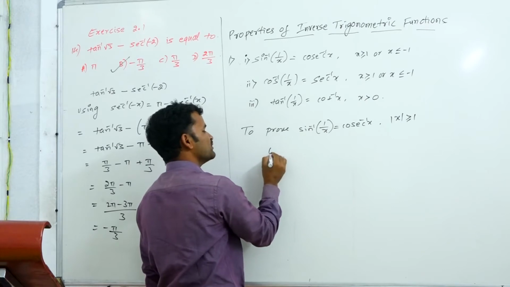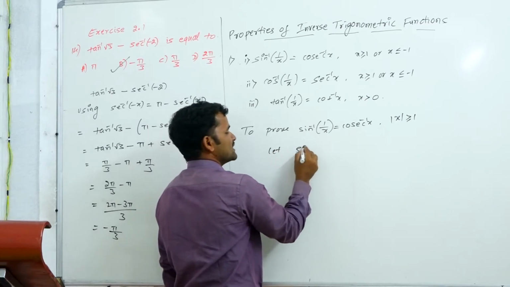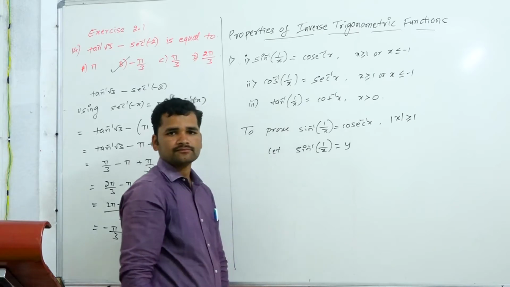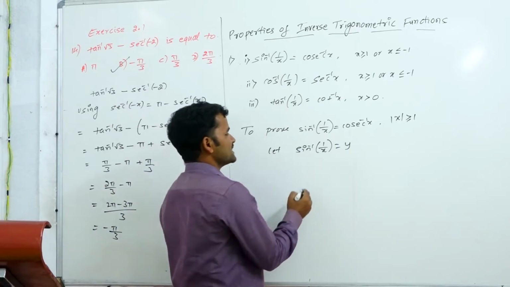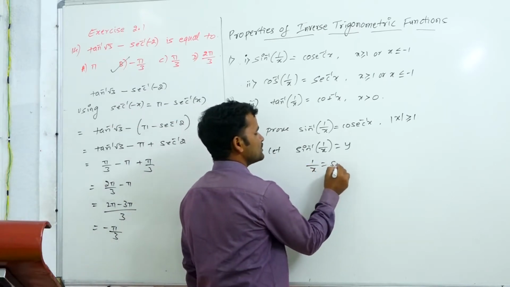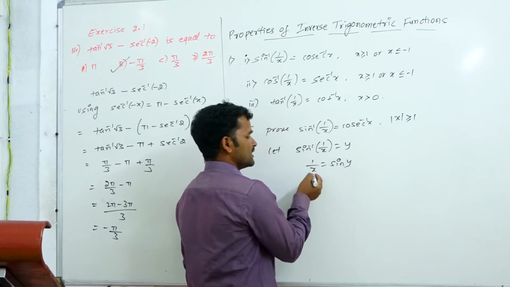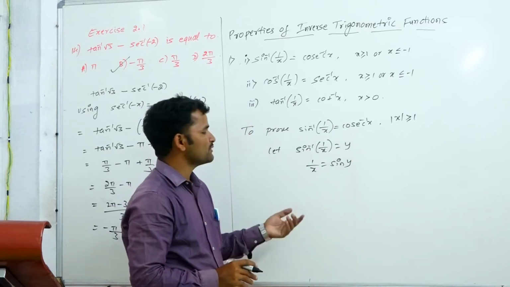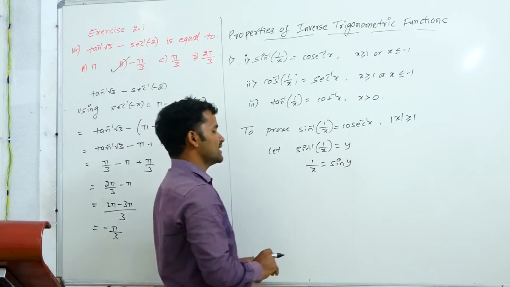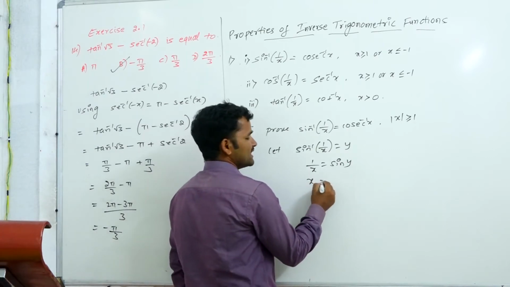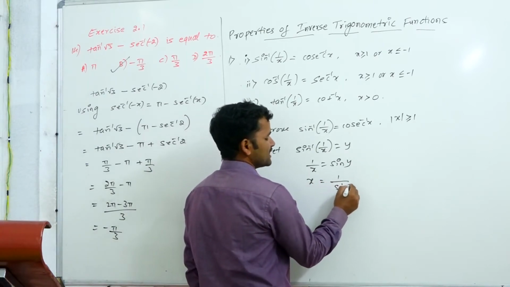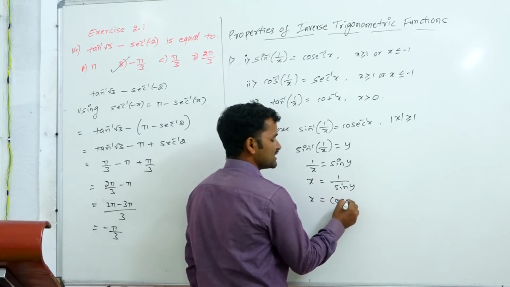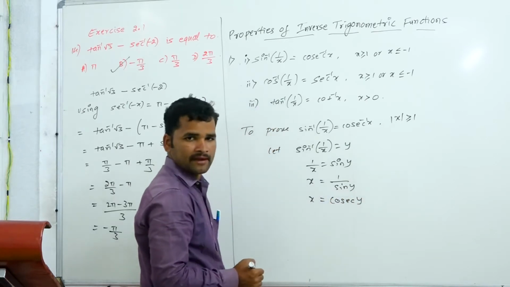Sin inverse of 1 by x is equal to cosecant inverse of x. To prove this, you take sin inverse of 1 by x is equal to y. This can be written as 1 by x is equal to sin y. And now we want cosec. So what you do, take reciprocal on both sides. Taking reciprocal on both sides, x is equal to 1 by sin y, which is nothing but cosec y.